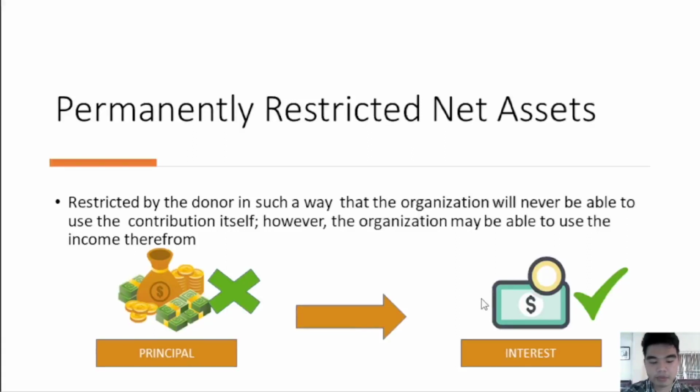Separate line items may be reported within permanently restricted net assets or in notes to financial statements to distinguish between permanent restrictions for holdings of assets such as land or works of art, donated with stipulations that they be used for a specified purpose, be preserved, and not be sold, or asset donated with stipulations that they be invested to provide a permanent source of income.